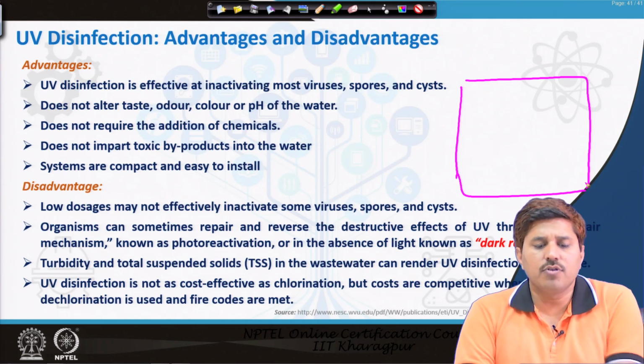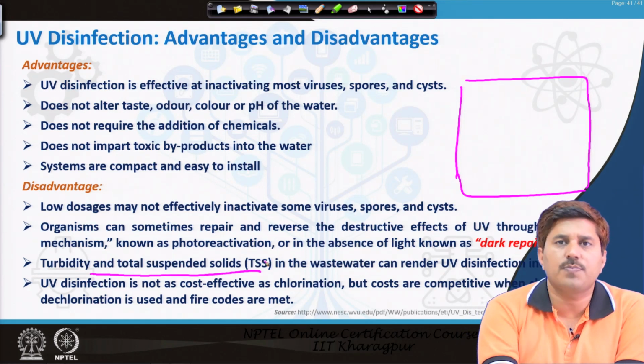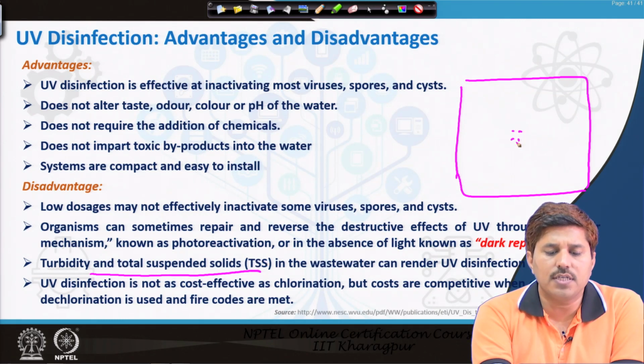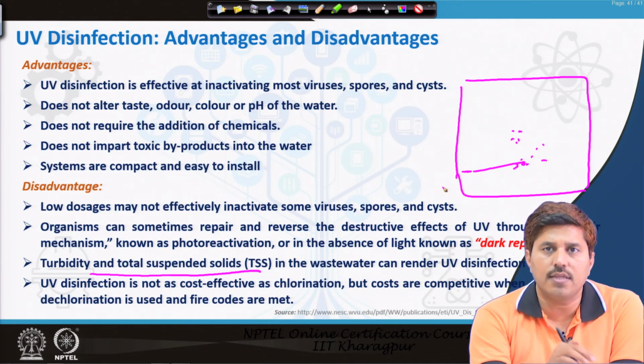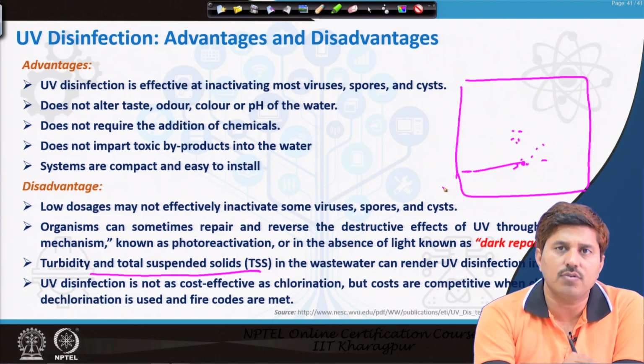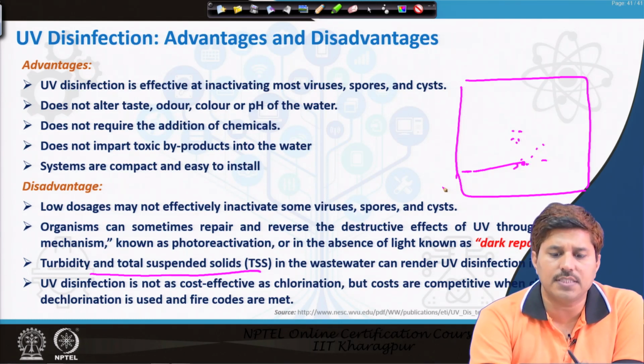And moreover, as we were just discussing, if you have turbidity and suspended solids present in the water, what happens is that these microorganisms may be shielded. If you have a UV lamp here putting out a light beam and it is striking suspended particles, and a microorganism is behind them, then the UV light cannot directly penetrate the microorganism cell and disrupt or physically damage it.